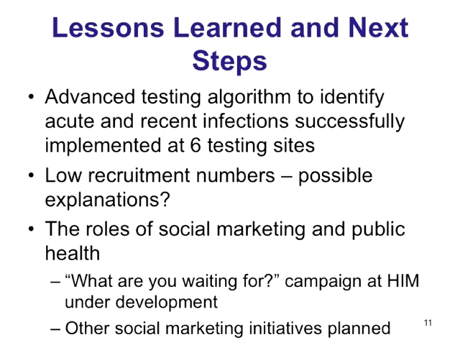Lessons learned. Again, our testing algorithm has shown to be successful, and it's been implemented at 6 sites. But again, we have low recruitment numbers, and I think a possible explanation is that if people have been instructed to wait out the window period for 3 months and get tested, even if we offer this new test, we're not going to be able to identify any new acutes that way.